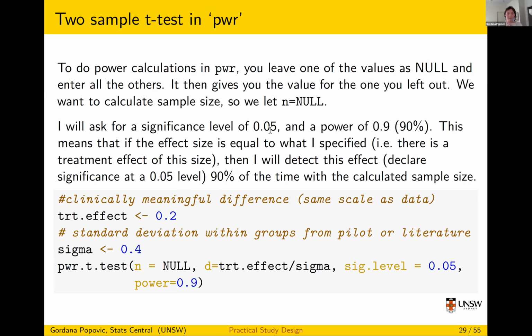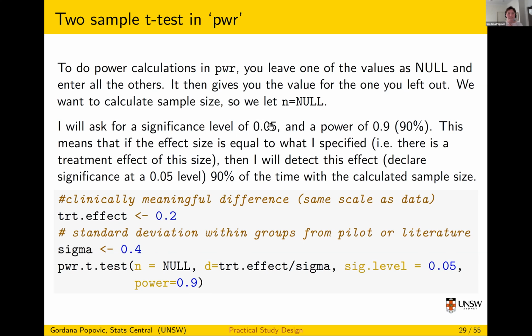So I need all these ingredients. The significance level is usually 0.05 because that's the most common thing that people do. For power, the common values are 90 or 80; these days we tend to go with 90 more often than 80. Then the sample size and treatment effect are the things you're usually calculating, so one of these will be null.